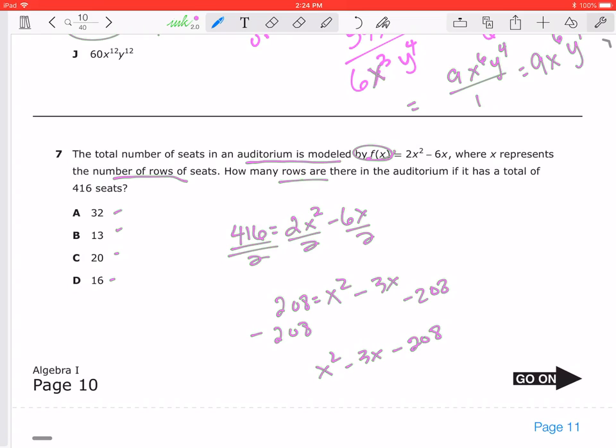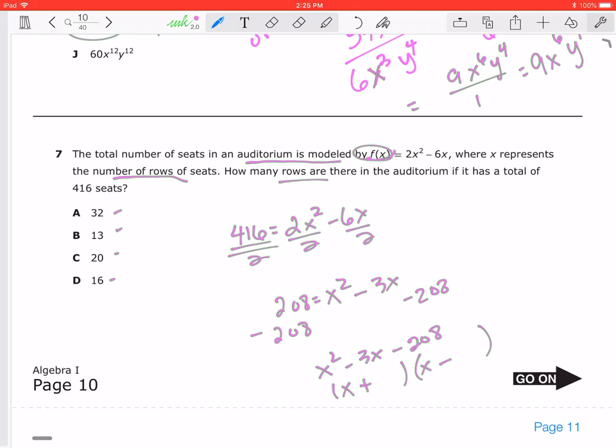So let's see. 208 divided by 13. Oh, so 13 does go into 208. Let's see if we have this in quadratic form, because our a value is 1. So let's see if we have x and x. One's going to be positive and one's going to be negative, because negative times a positive will give us a negative value.